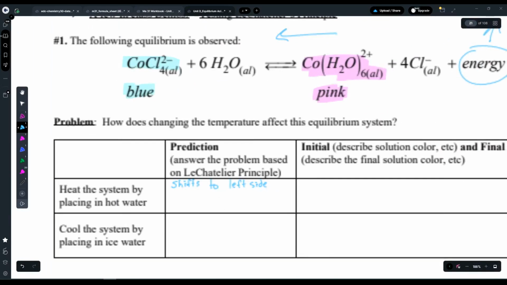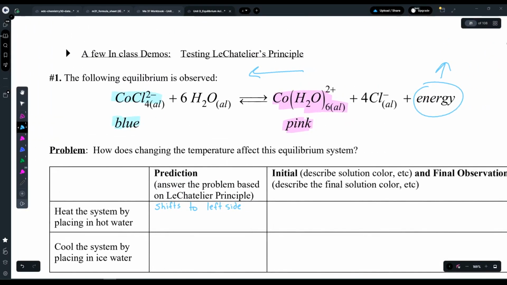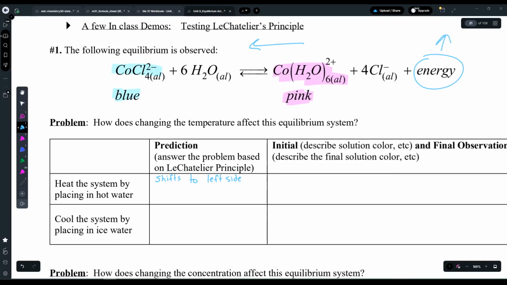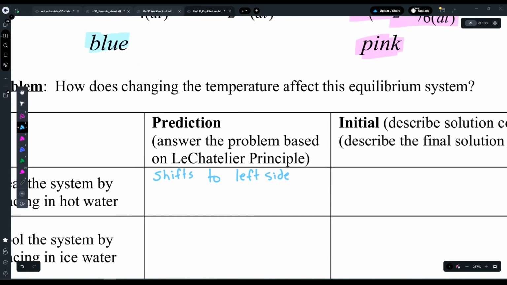And since we're shifting to the left-hand side, we would expect the solution to turn blue because more cobalt-2 chloride is being produced. So solution, I'm abbreviating it, turns blue.